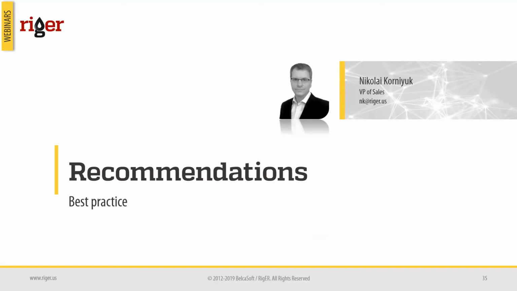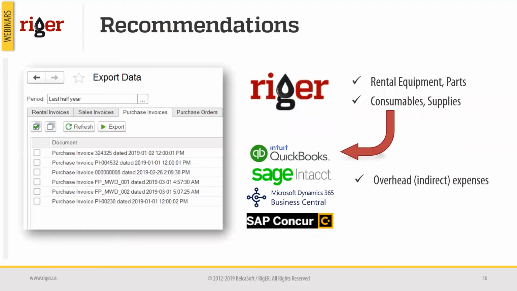So in the next and closing part of our presentation today, we wanted to basically touch base and highlight some of the key recommendations that relate to using the purchasing modules in RigER, and how RigER works and transfers information, because it's important to understand that RigER is an operations management system.